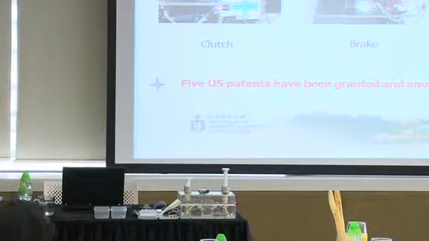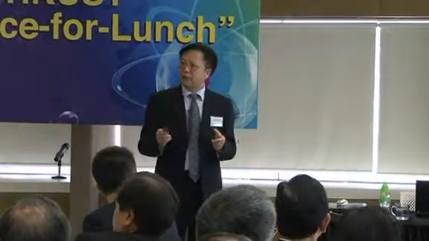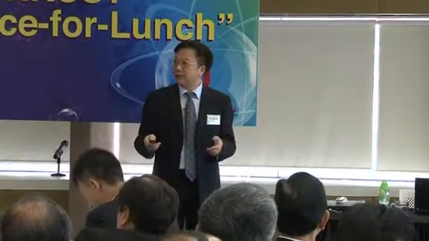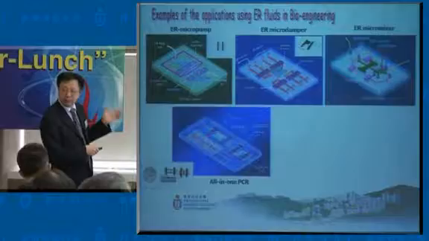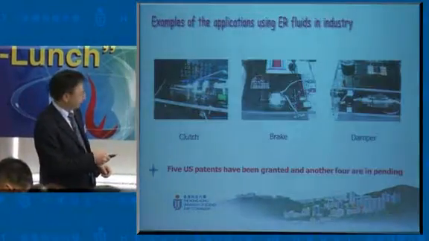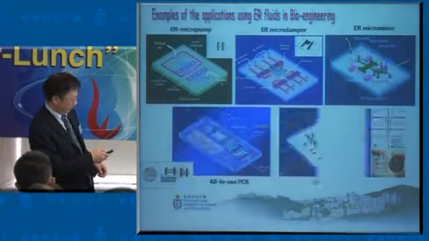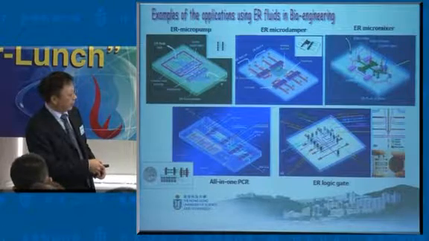Okay, so this is the first introduction, a lot of examples. So ER fluid is very useful not only for industry, but you can also use it in bio systems. So here we have developed a micro pump. A micro pump is a very small one. Micro pump and a micro mixer, micro PCR, and a micro droplet.